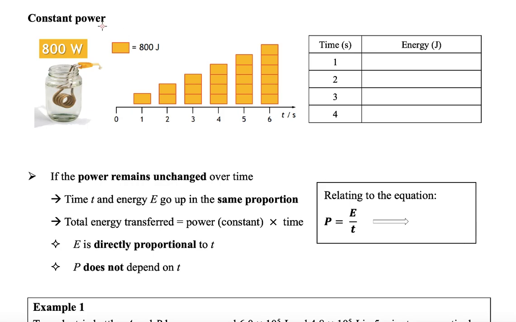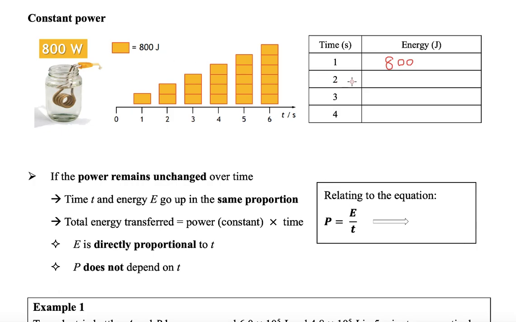So let's say in this example, the power is 800 watts, which means that in 1 second, how much energy can be transferred from it? Yes, it's 800 joule. So for 1 second, the energy transfer would be 800 because the definition of power is the energy over time. So 800 watt means that 800 joule is transferred in 1 second.